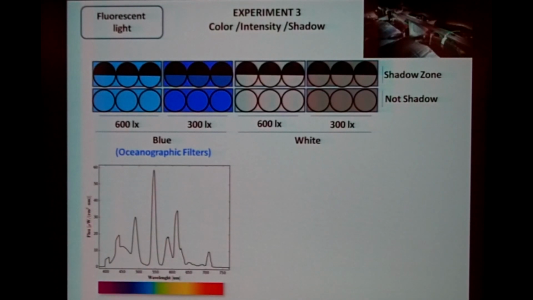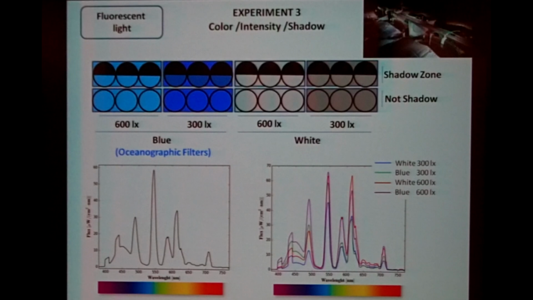Before the results, I'm going to explain the light profile of this experiment. When you use fluorescent light, it's not like LED light with only 3 peaks. There is a spectrum, with many peaks at different wavelengths, which is typical of fluorescent light.